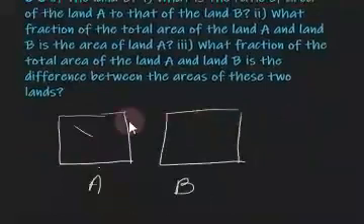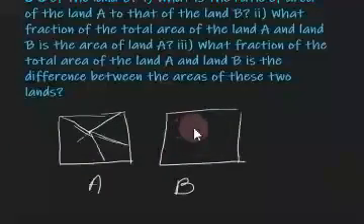Here, when I divide, these two squares are the same in size. So I divide only the first square into 5 equal parts. Out of these 5 equal parts, I colored only 3.